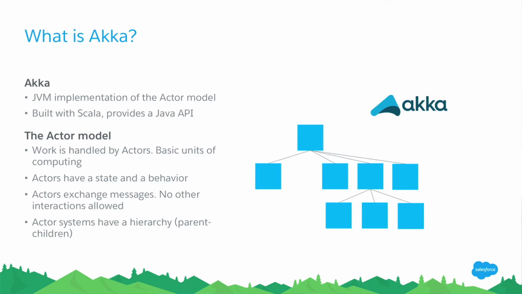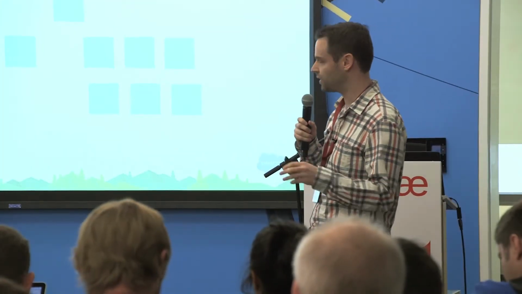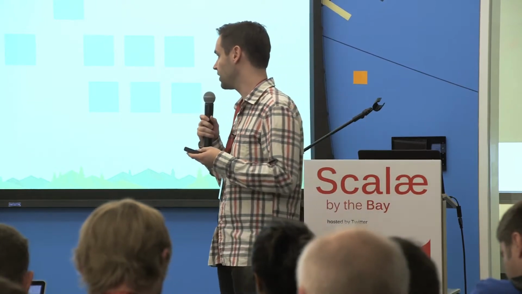Basically, the system is broken down into actors that are entities that do the work, and actors talk to each other via messages. They have a state and a behavior, and they can only change each other's state by sending messages to each other.